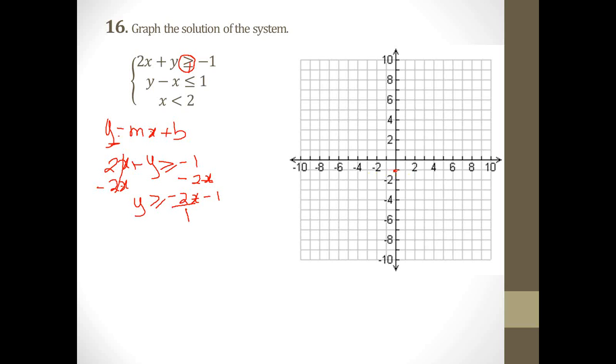So I have a rise of -2, which means I'm going to go 1, 2 down, and then a run of 1, which means I go 1 to the right. I'm going to just do it again. 1, 2 down, 1 to the right.